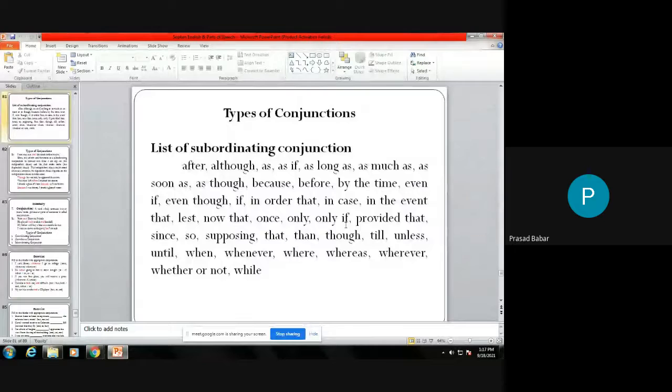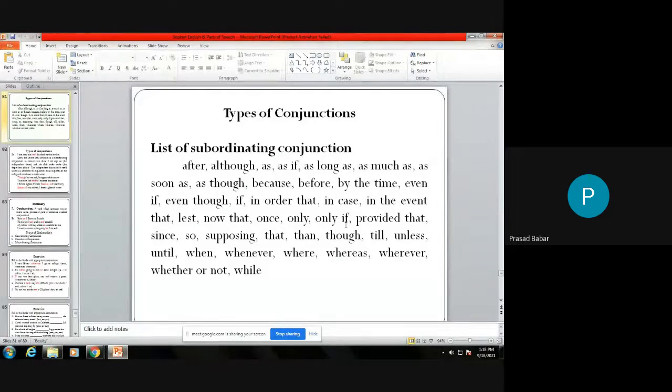So what is the list of subordinating conjunctions? The list is: after, although, as if, as long as, as much as, as soon as, as though, because, before, by the time, even if, even though, if, in order that, in case, in the event that, lest, now that, once, only if, provided that, since, so, supposing, that, than, though, till, unless, until, when, whenever, where, wherever, whereas, whether or not, while.